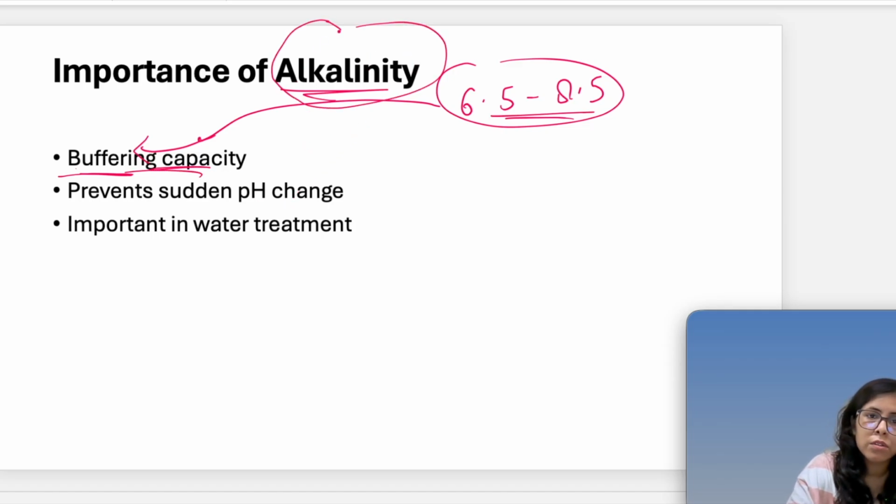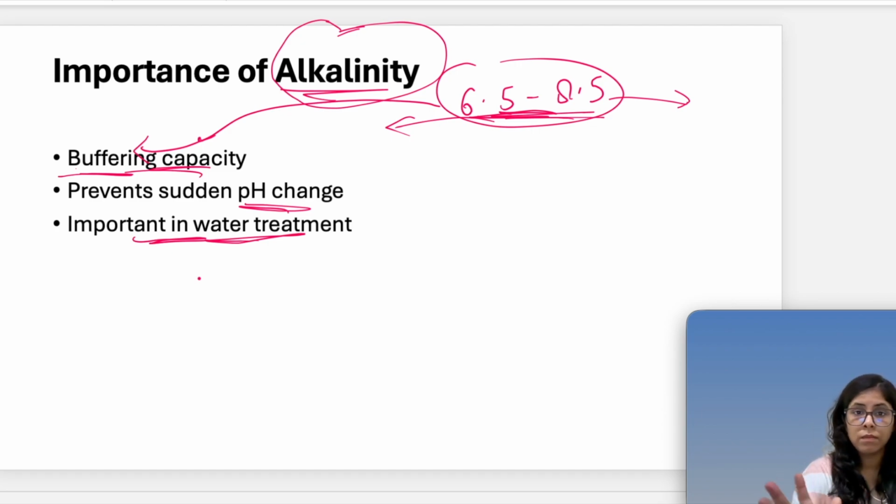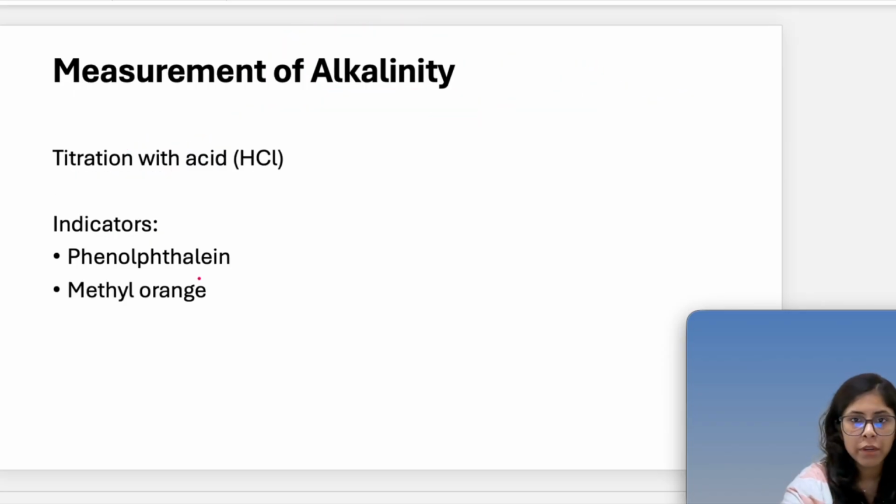Because carbonate and bicarbonate ions are present, it prevents sudden pH change. Whatever you add, pH will not suddenly drop below 6.5 or rise above 8.5. It's very important to water treatment. You will see when we study water treatment, we'll discuss that also. So this is what alkalinity is important for.